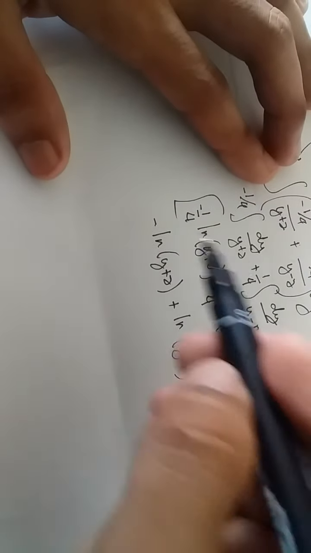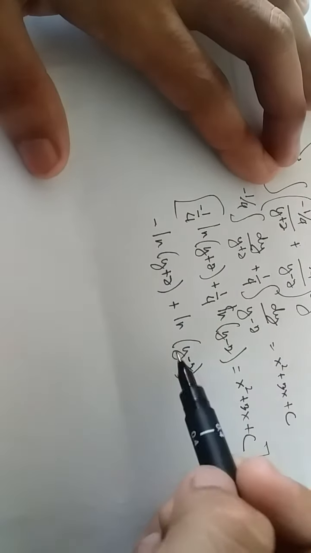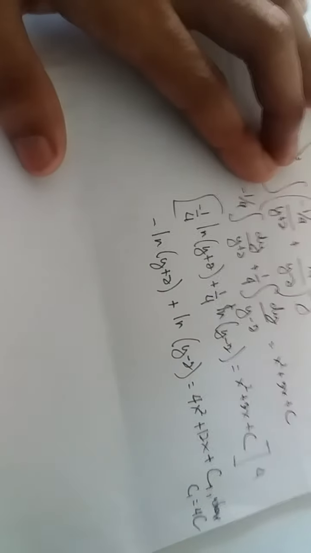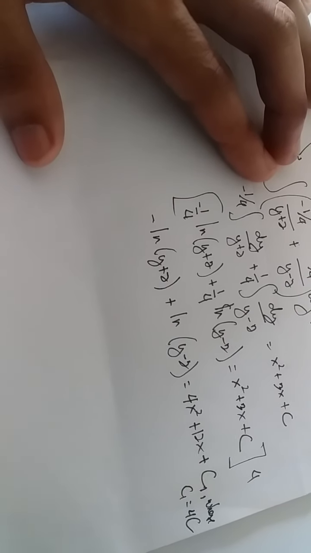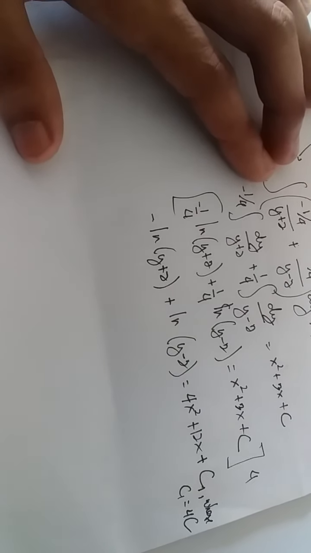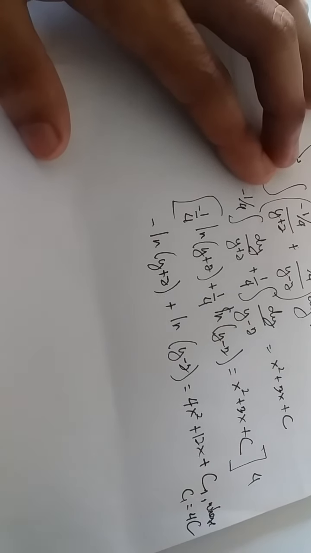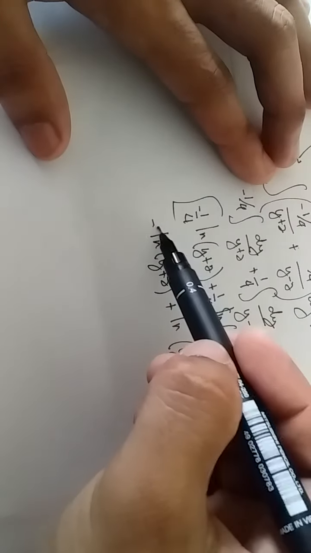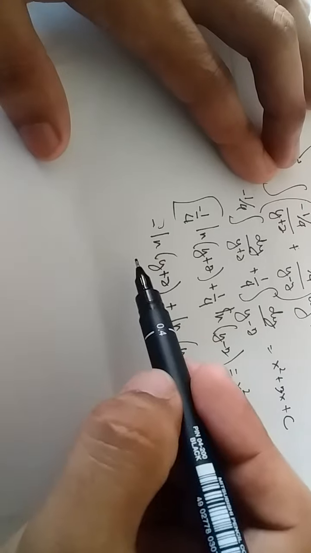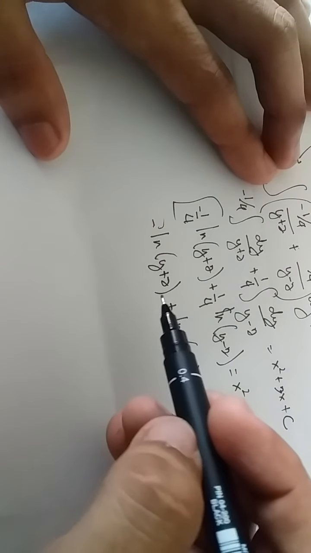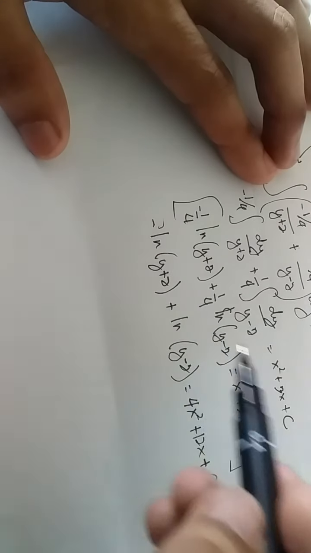So what happened is we have negative ln y plus 2 plus ln y minus 2 is equal to 4x squared plus 12x plus c sub 1. Now by properties of logarithm, since we have the negative sign here, we will use the quotient rule, or the quotient property.